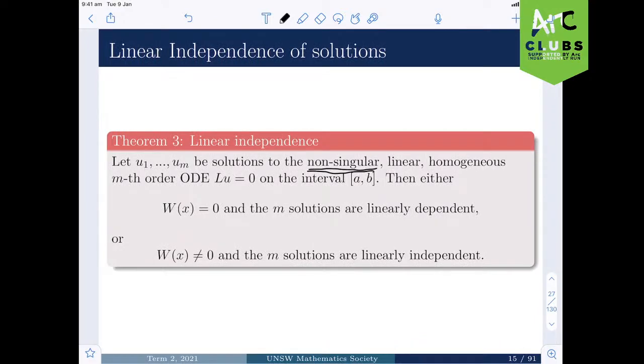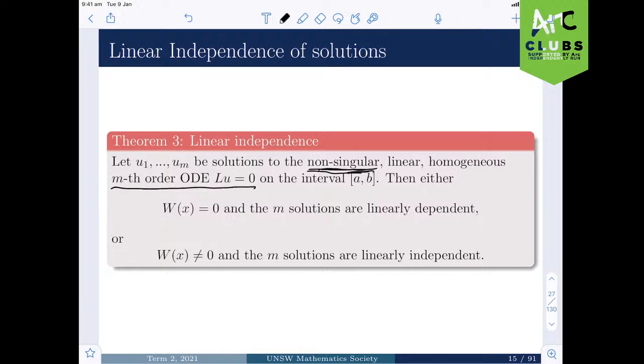We actually have a stronger version of the lemma we saw before, about how if the Wronskian is non-zero, then the functions are linearly independent. If we add the condition that the functions u1 to um are non-singular and are solutions to the mth order linear homogeneous ODE, LU equals 0, then we get a stronger result.